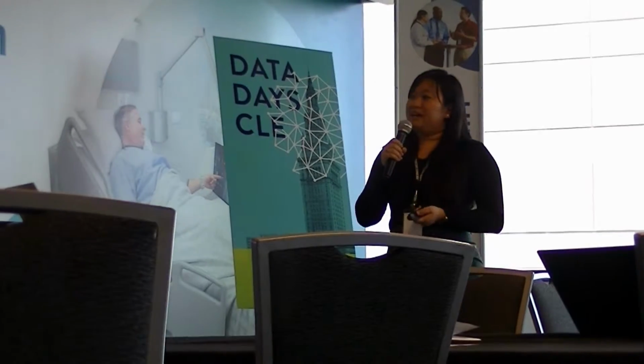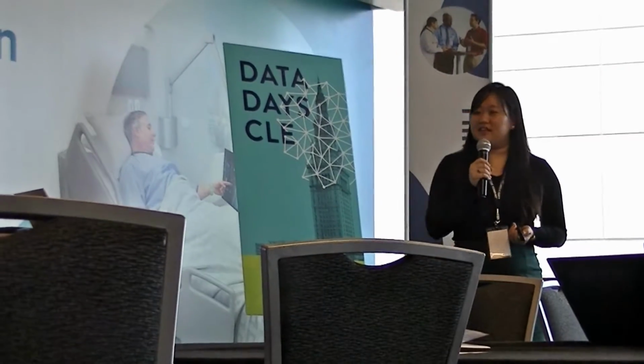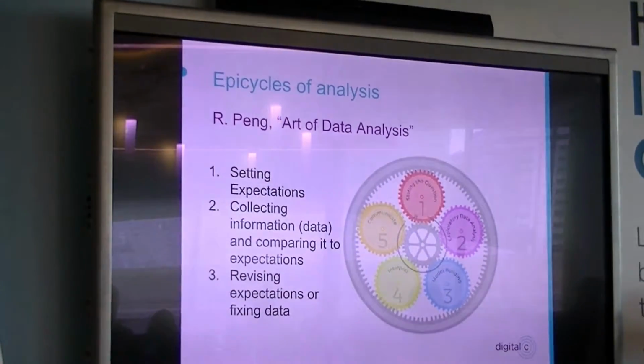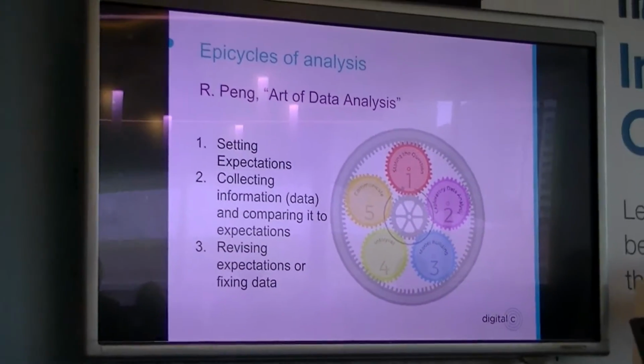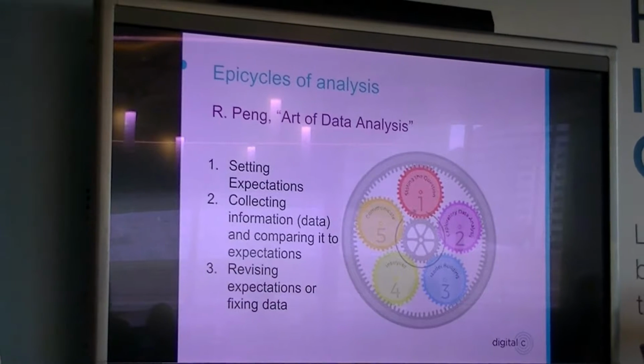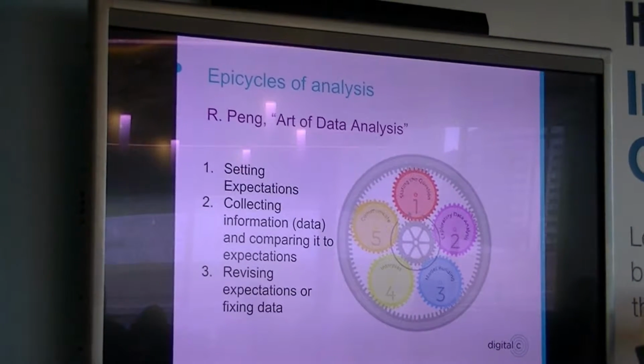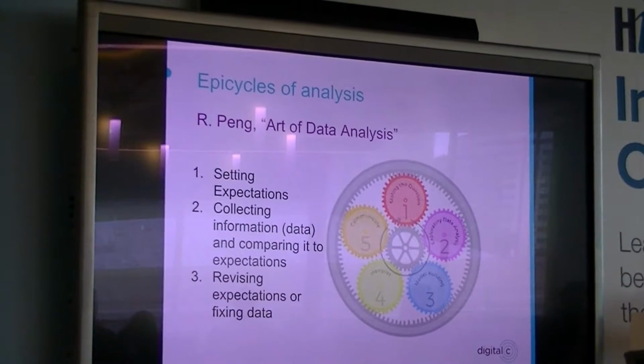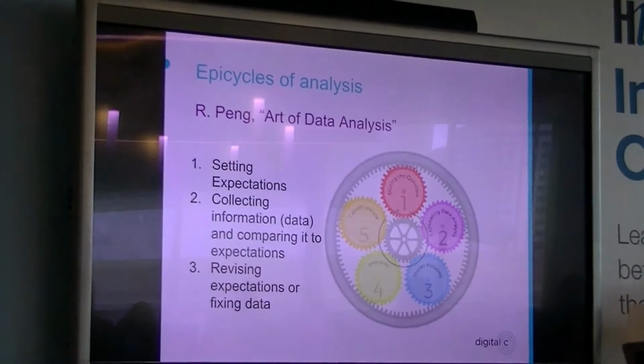So I like to think about data analysis, and I think most data scientists will think like this, as the epicycles of analysis. This is from The Art of Data Analysis by Roger Peng, who is a pretty famous data scientist. He does the Johns Hopkins Coursera course, which is pretty popular.